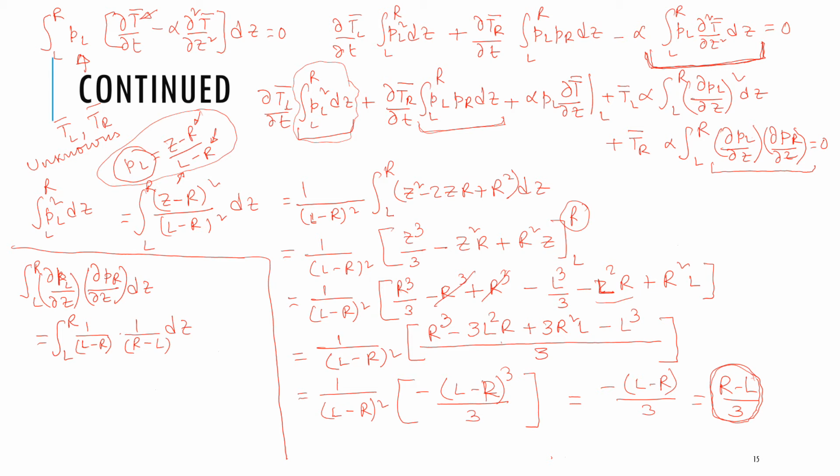So that is equal to minus integral L to R of 1 over R minus L square dZ, which is minus 1 over R minus L. So now I hope you believe me that all of these terms can be integrated out, each one of them.